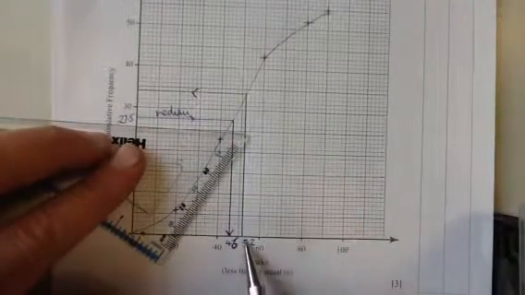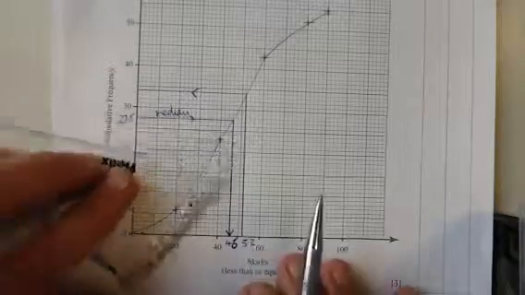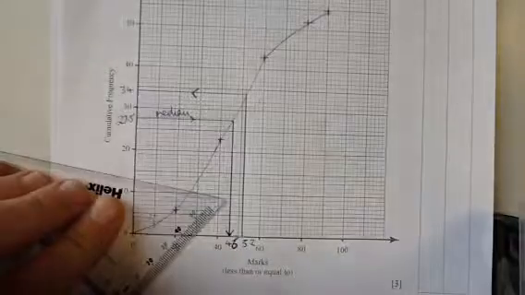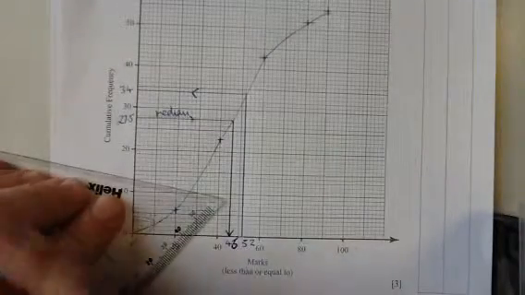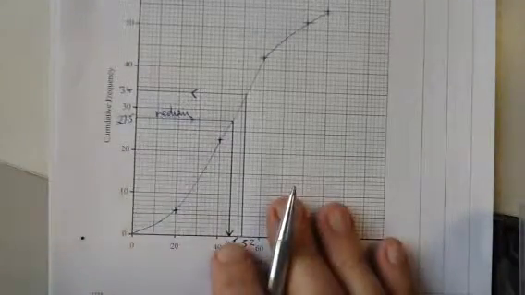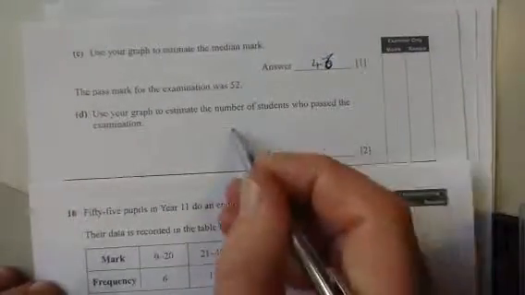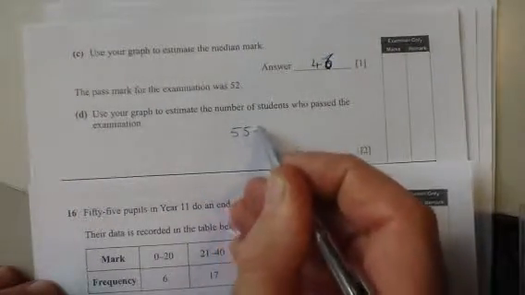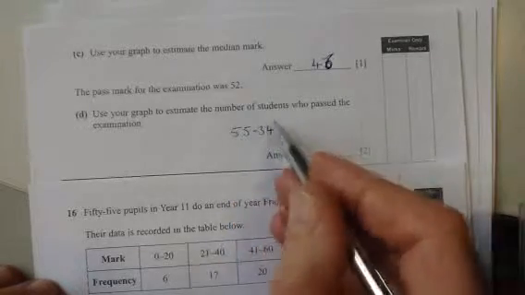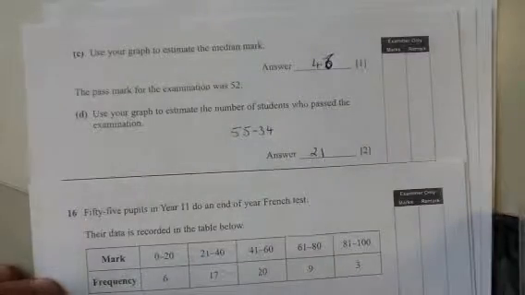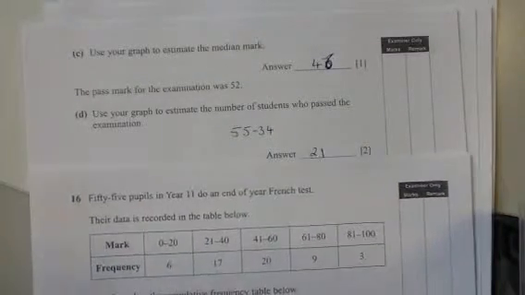So this is telling me how many people got a mark less than 52. 34 people got a mark less than 52. So the number that would have got more than that would have been 55 take away 34, which is 21. So 21 people then passed the exam.